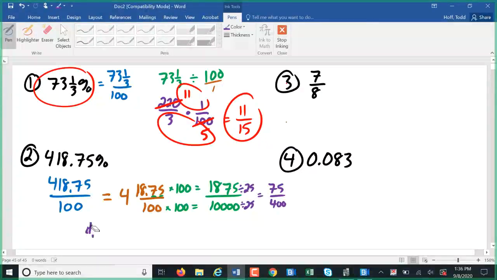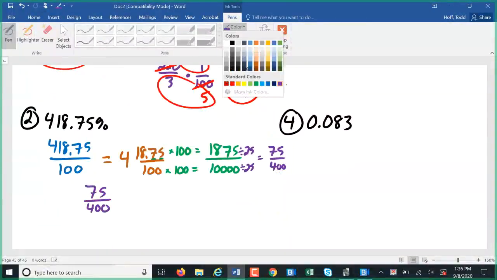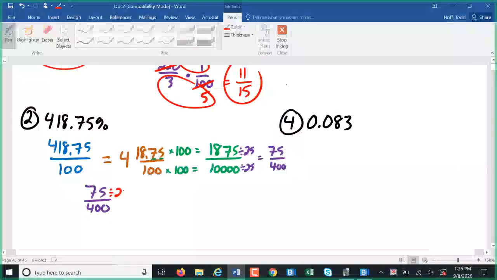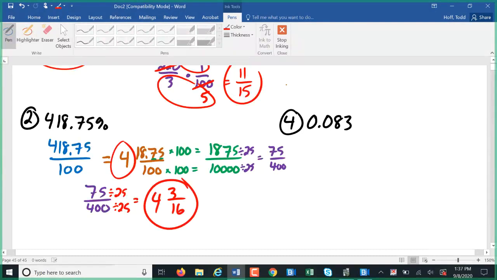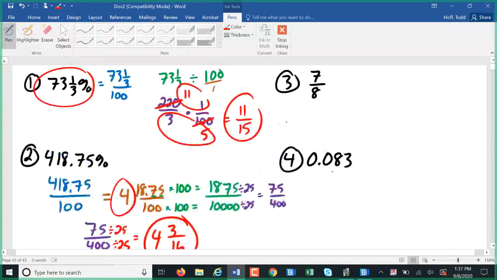Well, both 75 and 400 can still be divided by 25. 75 divided by 25 is 3, and 400 divided by 25 is 16. Can't forget the whole number of the 4 in front of it. So 418.75% is 4 3/16. Any questions there?